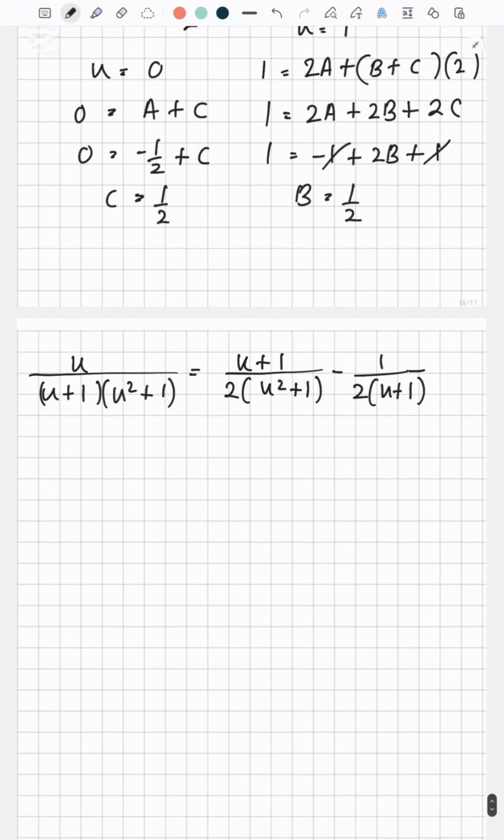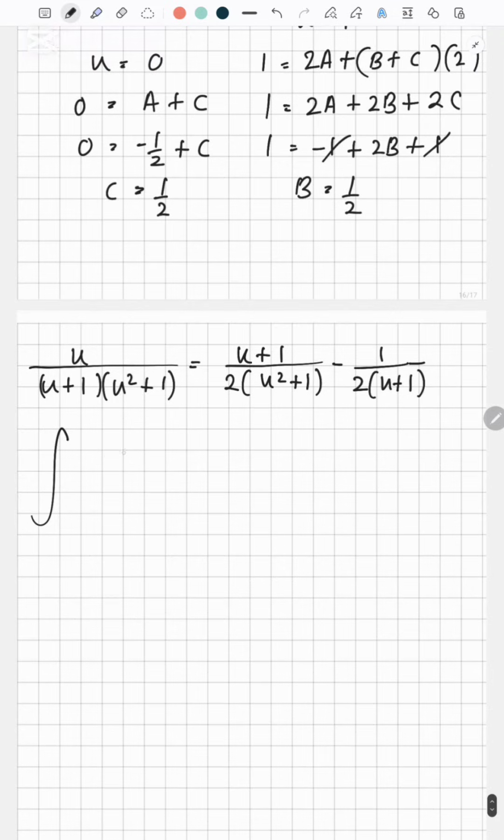So now what you do is, now you can just integrate the partial fractions, right? So you can see this fraction we have over here, we can break it down again.